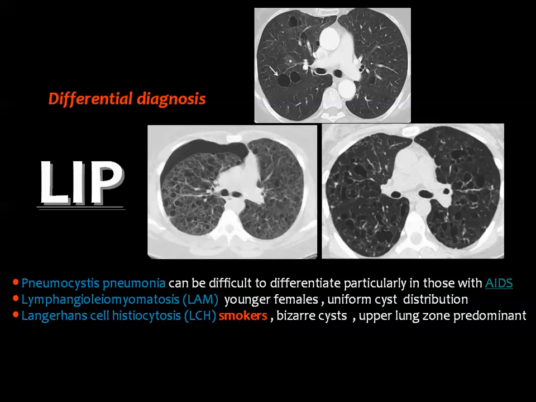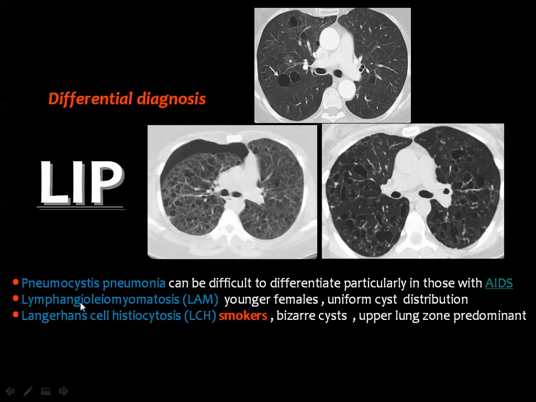The differential diagnosis of lymphocytic interstitial pneumonia includes, number one, pneumocystis jirovecii, and it is difficult to differentiate lymphocytic interstitial pneumonia from pneumocystis pneumonia because both are related to autoimmune diseases and both can be seen in patients with HIV positive.